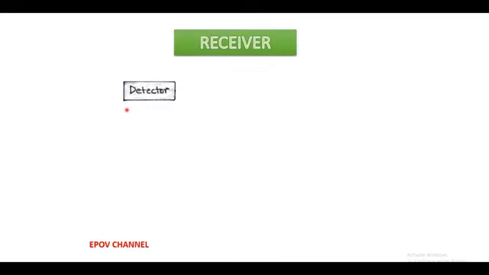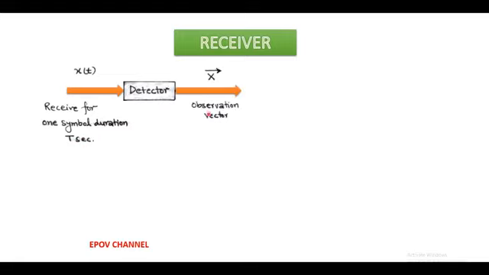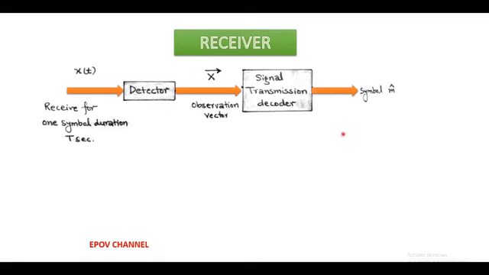Next, at the input of the receiver, the x(t) signal is received as one symbol within a duration of T second. First, the detector converts the individual symbol into the corresponding observation vector denoted by capital X vector, and then a signal transmission decoder transforms the observation vector into the estimated symbol M cap. This signal transmission decoder is a type of vector receiver.